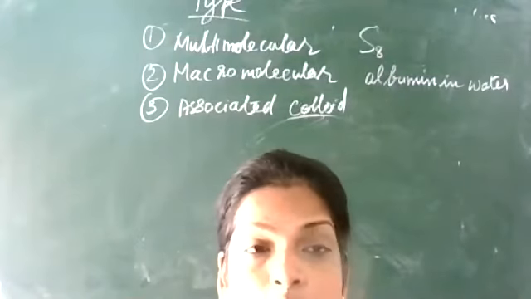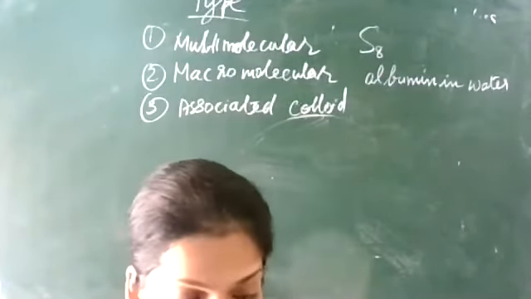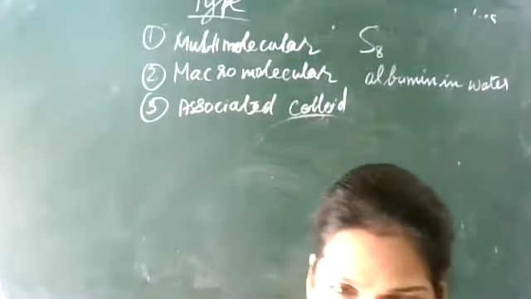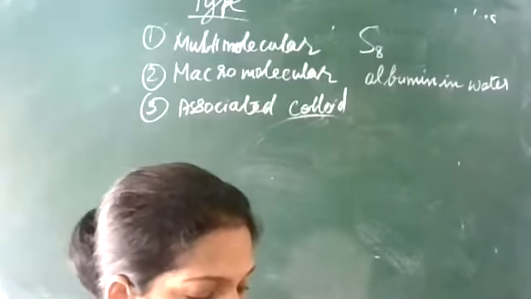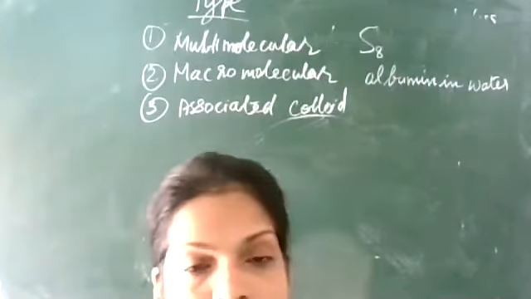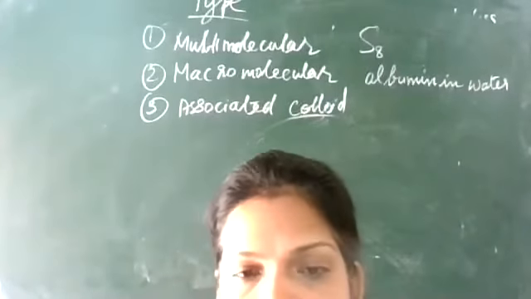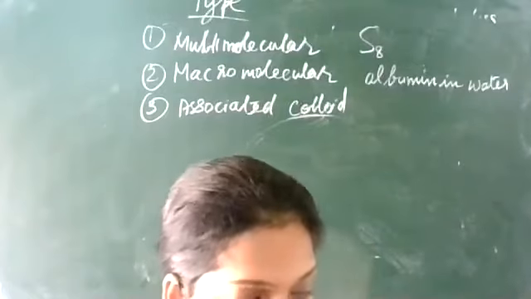There should be some special methods to prepare lyophobic colloids. Some are chemical methods, some are electrical disintegration, and some called peptization. So there are mainly three methods for the preparation of lyophobic colloids. First one is by chemical methods. Chemical methods include double decomposition, oxidation, reduction, or hydrolysis. For example, double decomposition.